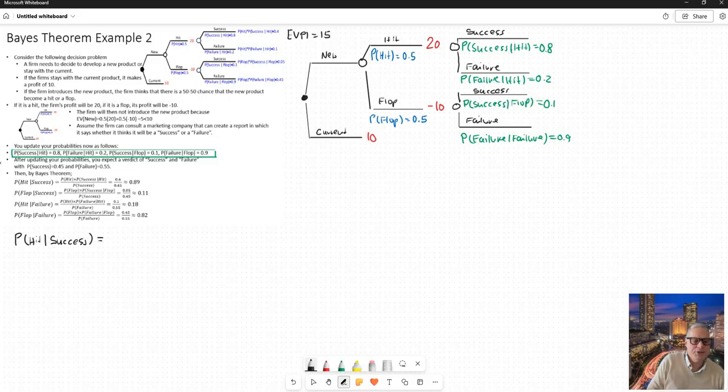And likewise, what you want to know is what's the probability that it's a hit when the marketing company tells me this is a success, or what's the probability now that it's a flop when the marketing company tells me it's a success. So your initial assessment that it will be a flop of 0.5 will probably go down.